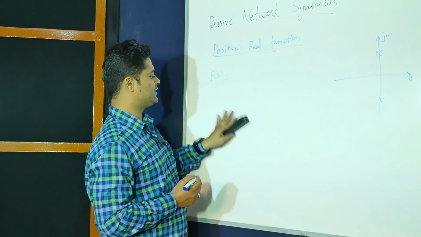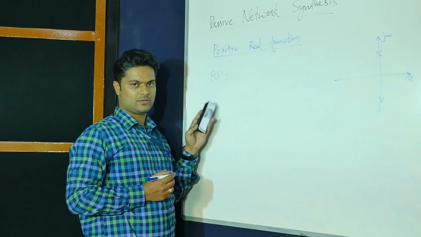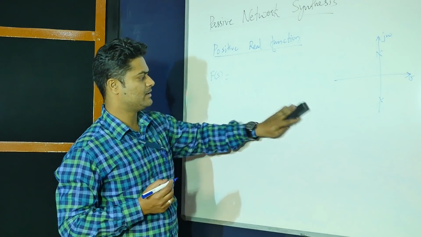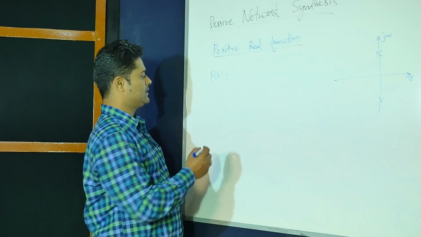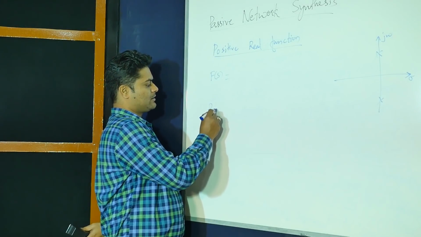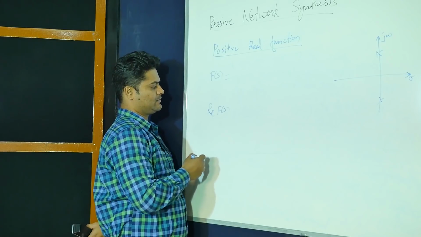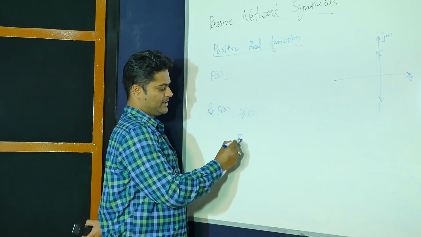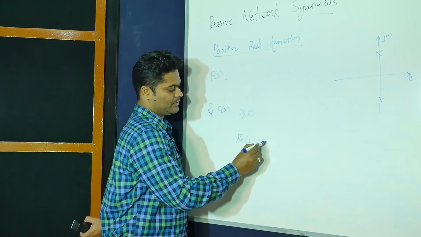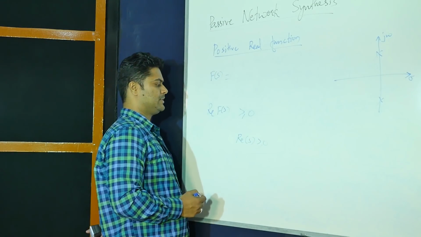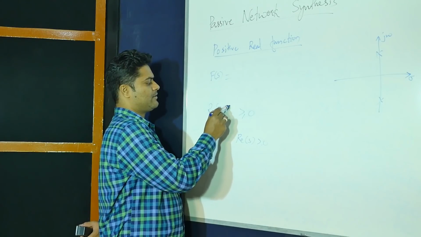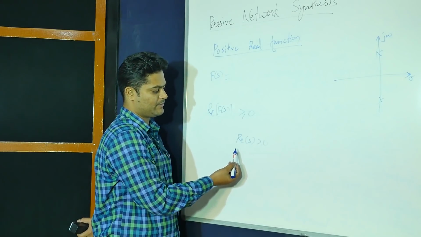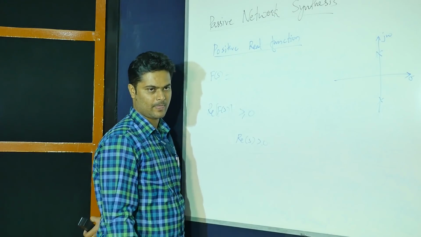So the main important condition is that f of s should be a positive real function, that it should satisfy the real part of f of s greater than or equal to 0 for the real part of s greater than or equal to 0.